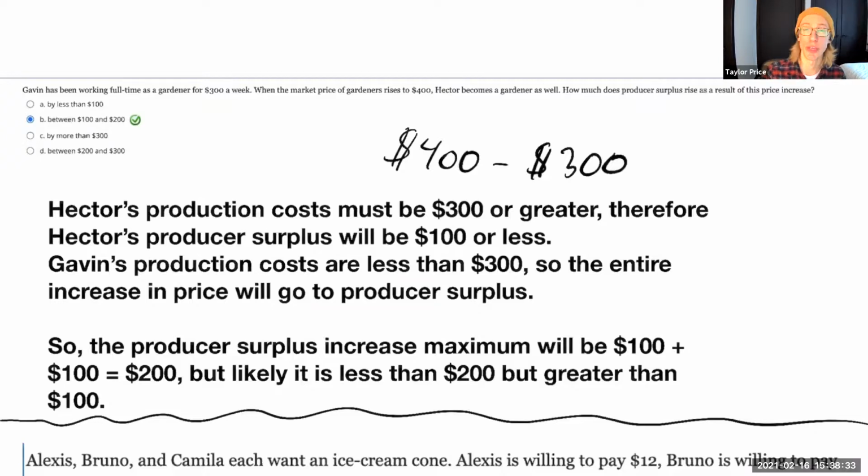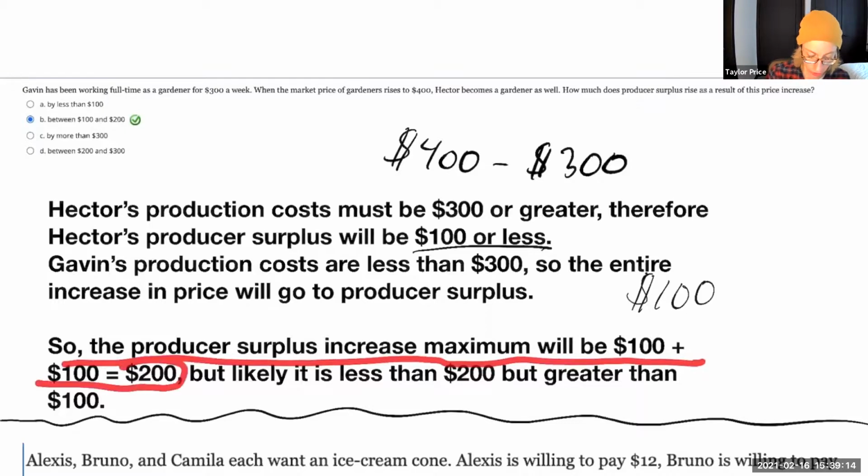For Gavin, on the other hand, his production costs are less than 300 because he's already in the market at the previous price of $300. So the entire increase in price goes to producer surplus, which means he gets $100 additional producer surplus when the price rises from 300 to 400. So the maximum increase in producer surplus will be 100 plus 100, or 200.